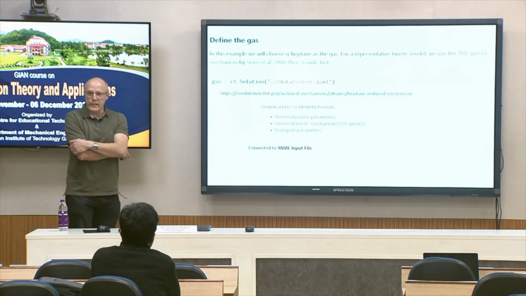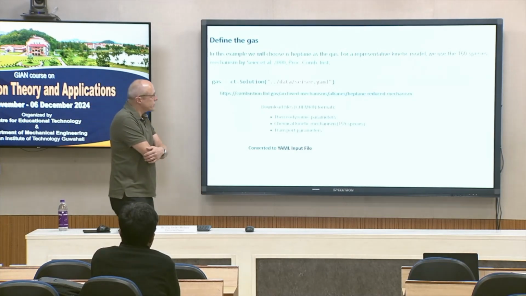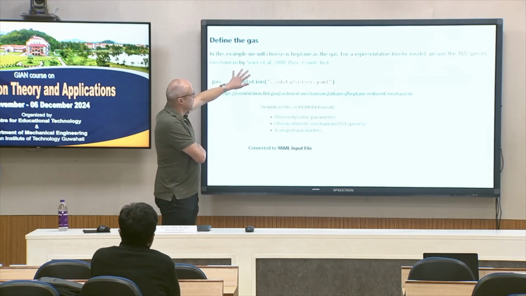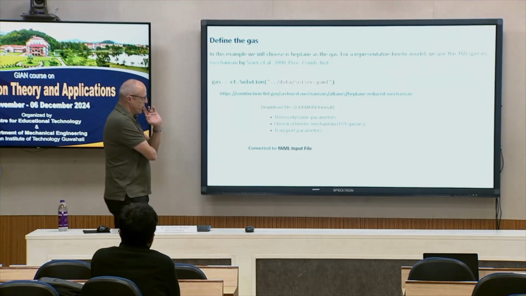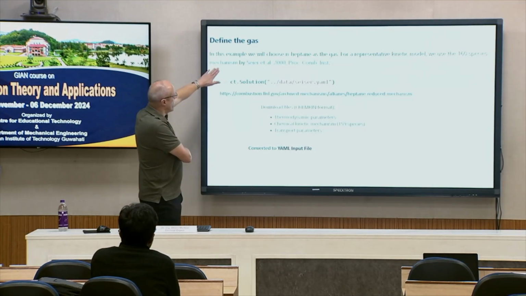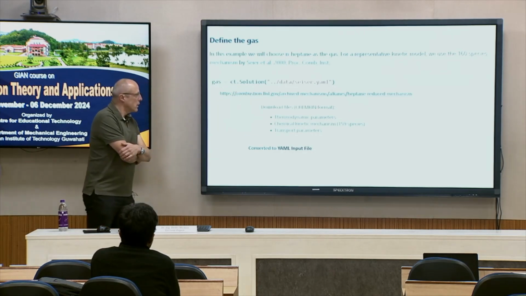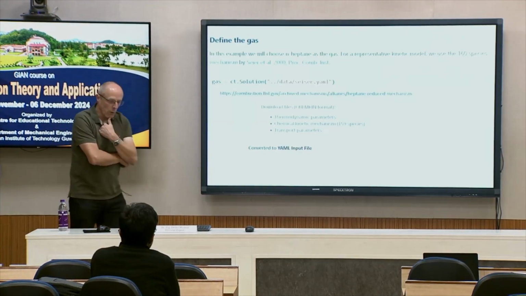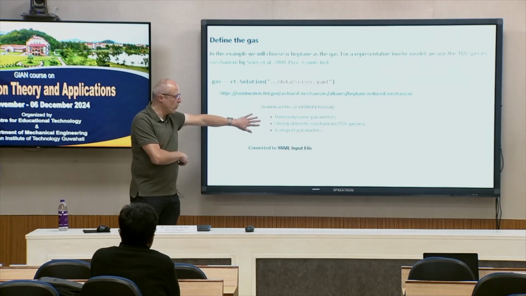Okay, we have the tool, but of course we need the inlet data. In this example there is a mechanism given. When we follow this link here, we come to a web page where all the data is given in this classical ChemKin format.